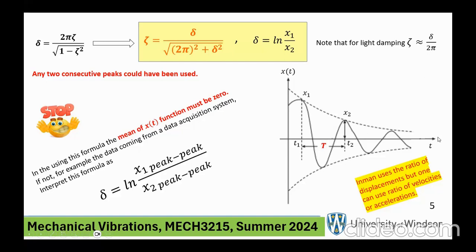When it comes to x1, don't just take the peak here; take the difference between this and that. This height is peak to peak, from here all the way to the bottom point. I know this may sound weird the way I explained it, but you just have to sit down and think about it. If you have any questions, please let me know.